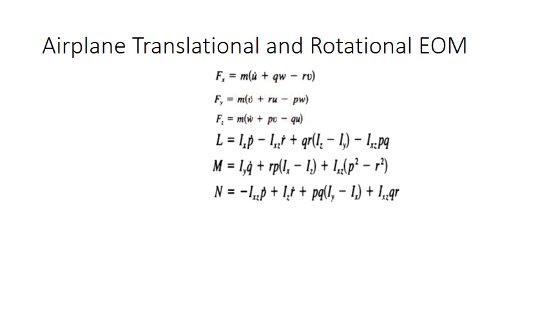Therefore, given this coupling, the conservation of linear momentum equations and the conservation of angular momentum equations must be considered as a single system of equations. Note that Fx, Fy, and Fz are the components of the force along the x-body, y-body, and z-body axes.